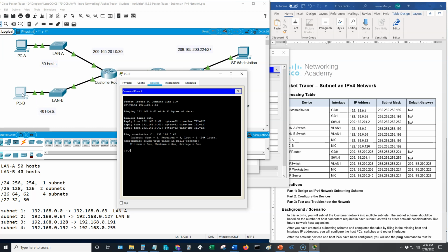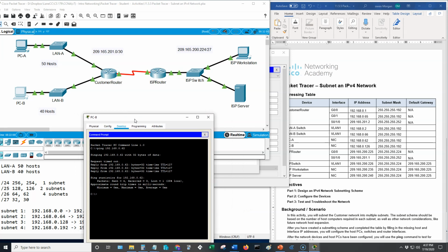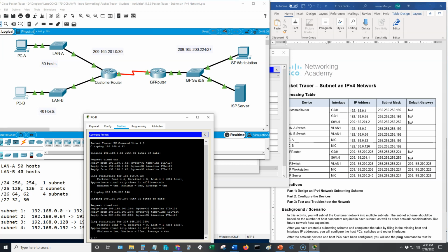So from PCB to PCA, we have the appropriate path constructed. I'm not going to go through all the rest of them, but I am going to go across the routers to see if I can get to the server. So let's do a ping at 209.65.200.240. And there we go. So all the pieces are set up correctly now.